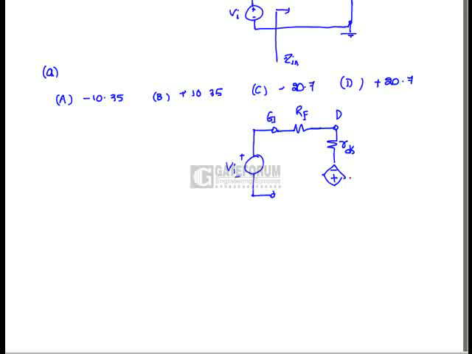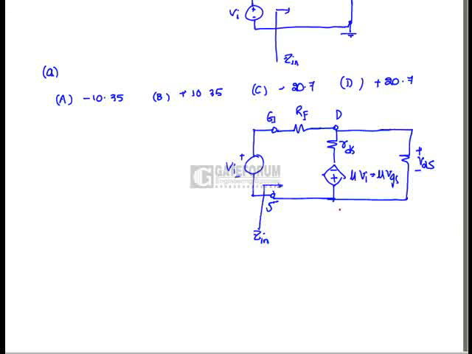Minus plus mu Vi equals mu VGS. This is the source terminal. The load resistance is between drain and source. This is Z in, here is Z out.